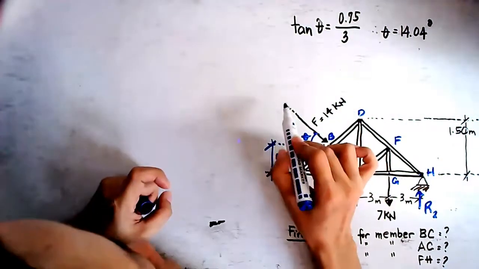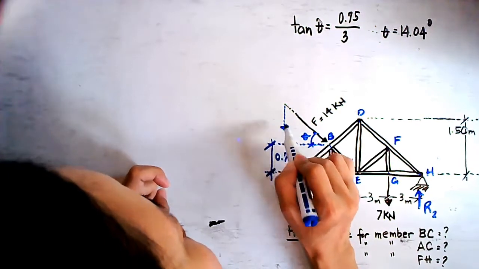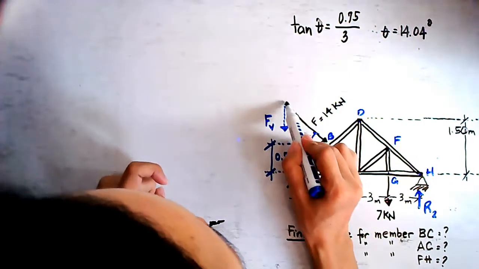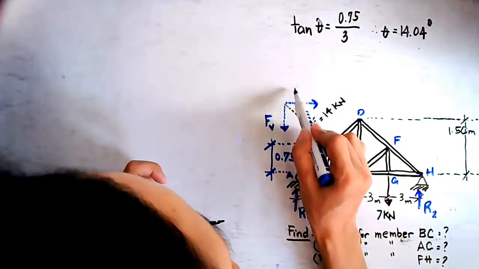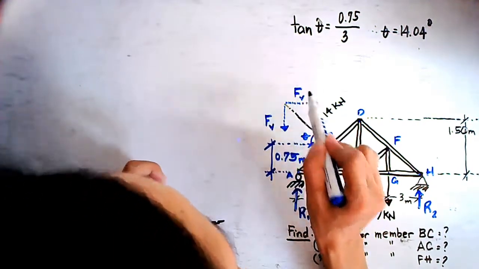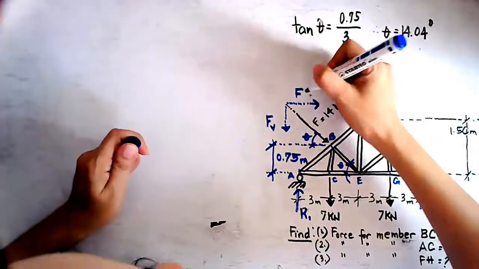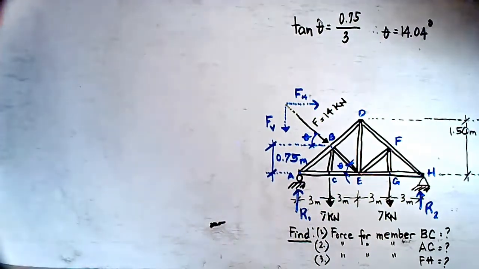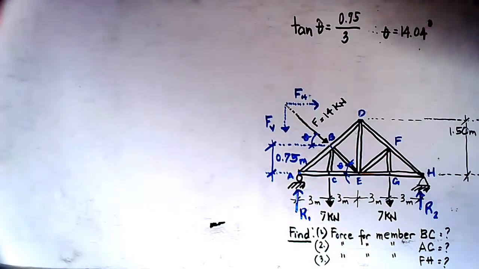If you are going to draw a dotted line here, this represents the vertical component of the force F. And then of course we have another line here. Let us represent this F sub H as the horizontal component. Sorry, that should be the horizontal component of force 14 kilonewton. So we need to make use of the values of the horizontal and vertical force components to determine the reactions.